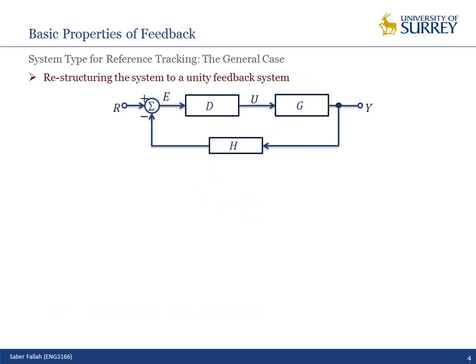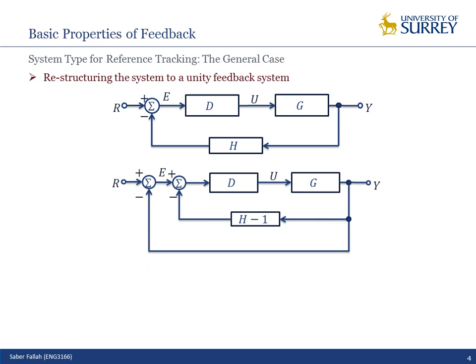We have a sensor transfer function in the feedback. We want to reshape it to the unity feedback system. In other words, we want to remove this block in the feedback so that we can use the previous relations we developed and definitions we defined for the system type of the unity feedback system.